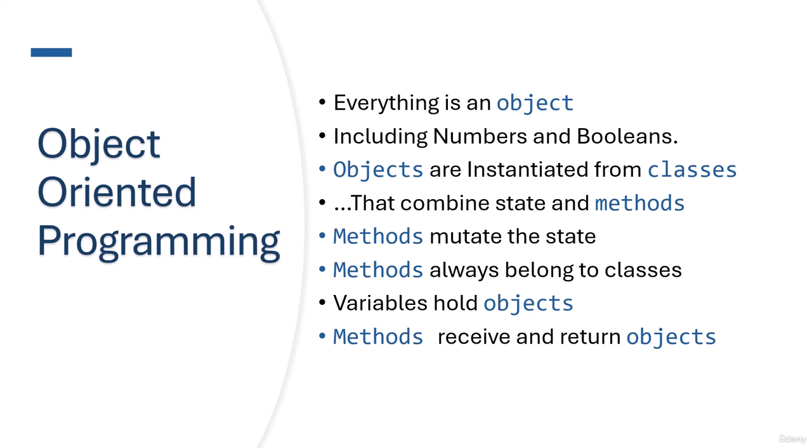So you create an object, you call the methods, each method may mutate the state, and basically your entire code revolves around these objects. Methods always belong to classes. Okay, they're different than functions because functions are independent and methods are a part of an object. Variables in object-oriented programming always hold objects, and methods receive and return objects.